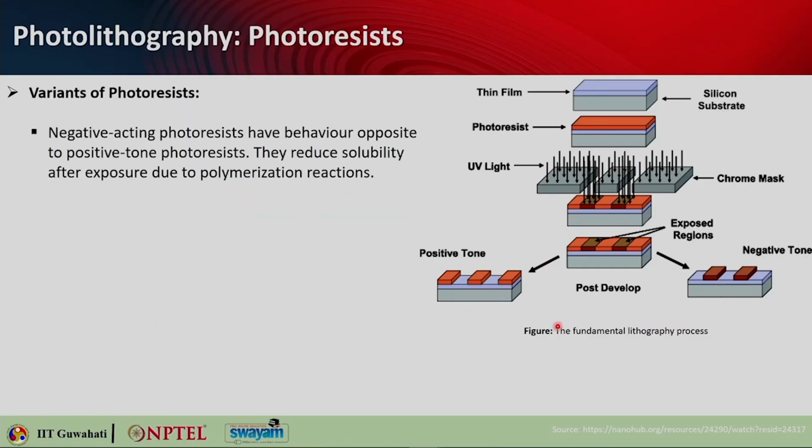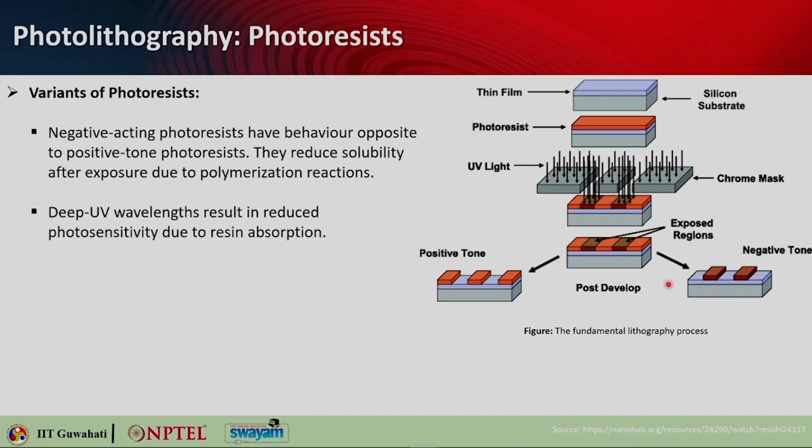When you talk about photoresist, there are two types: one is positive, one is negative. The negative-acting photoresist behaves completely opposite to the positive tone photoresist. In the case of negative tone, they reduce the solubility after exposure due to a polymerization reaction. So, they do not get dissolved when you try to develop them; the remaining parts get dissolved.